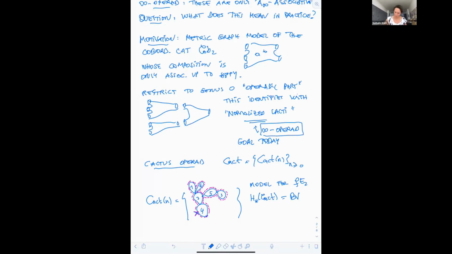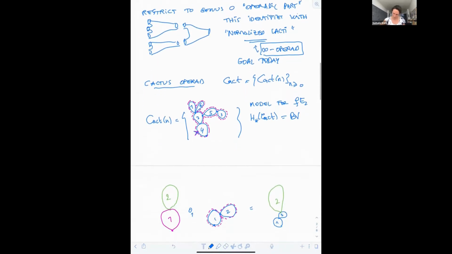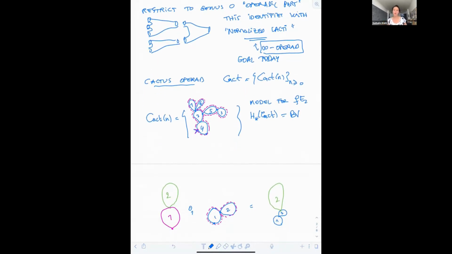And how do we compose cacti? So I also made a pre-drawing here. If I have two cacti, I can take my first cactus here and say I want to compose inside the first of the two.